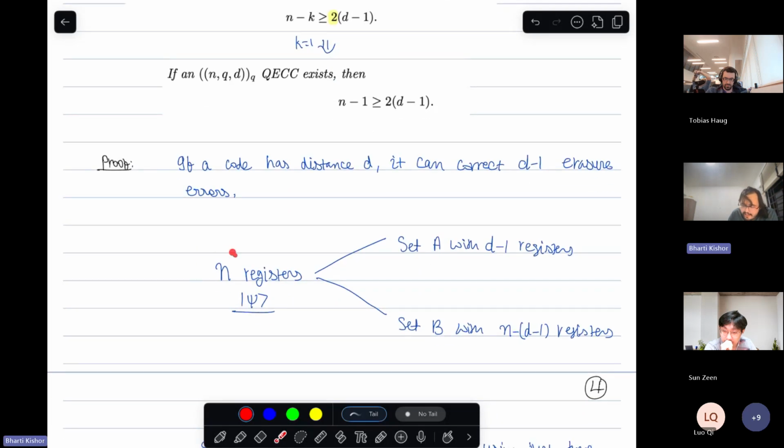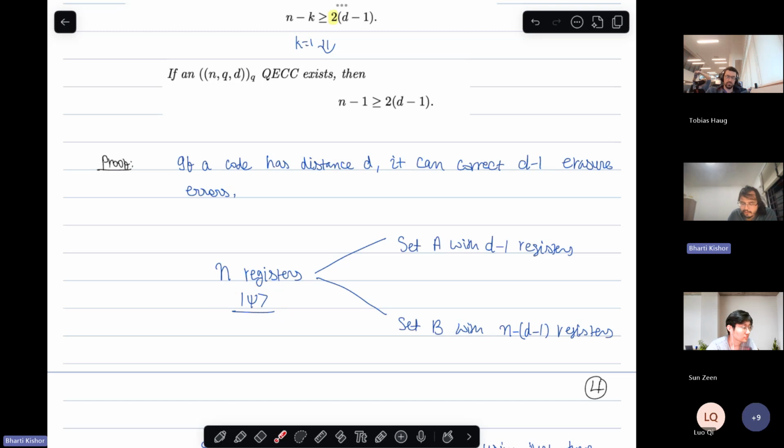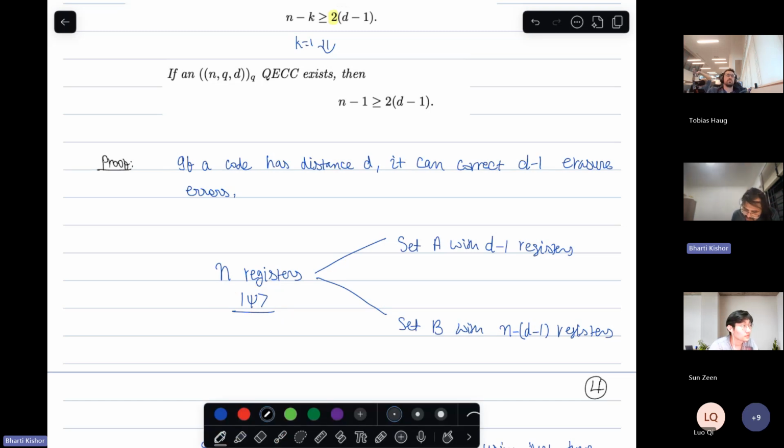So let's say you have n registers, like n qubits, in state psi. What you do is take your n registers and break them into 2 parts. You have set A with d-1 registers and set B which has n minus (d-1) registers.